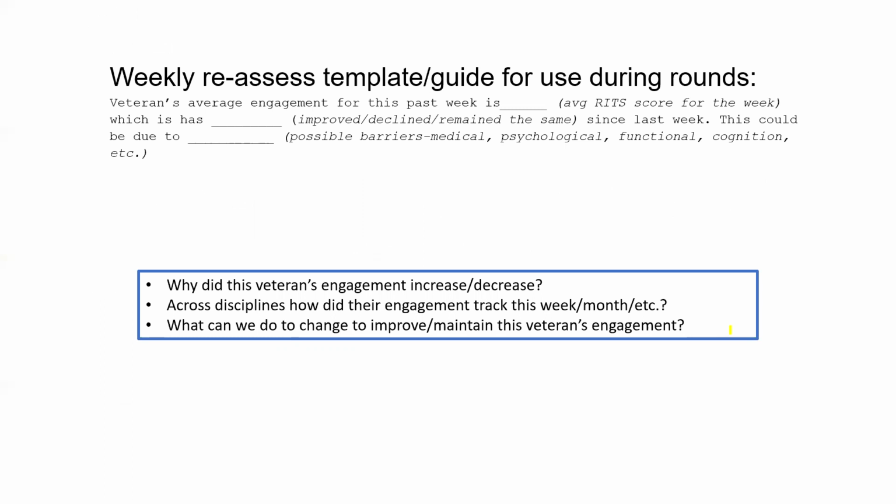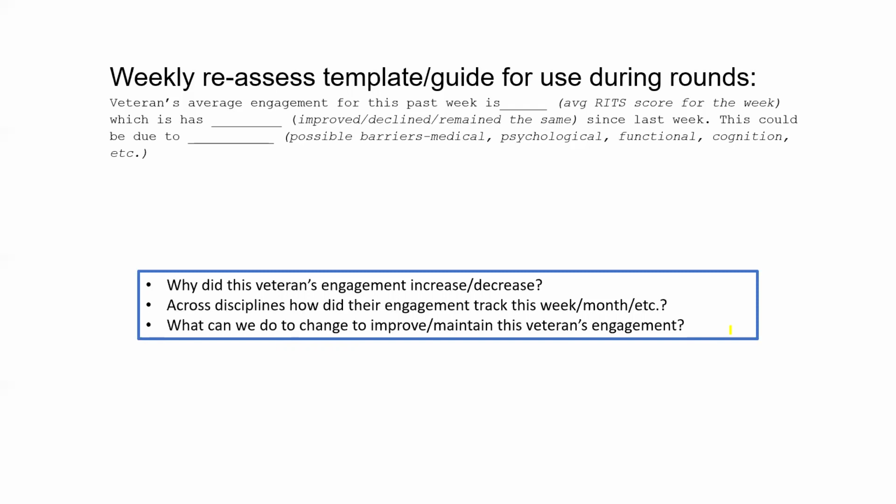So it talks about averaging out the daily RITS scores he got for the week and talking about whether that's improved, declined, remained the same, and then just briefly writing in possible barriers, whether it's medical, psychological, functional, cognitive, anything, why that score either increased or decreased or maintained.